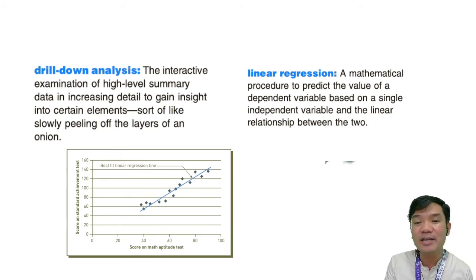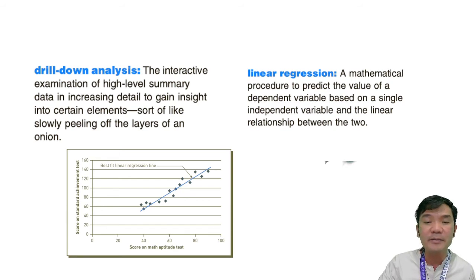So we define here linear regression as a mathematical procedure to predict the value of a dependent variable based on a single independent variable and the linear relationship between the two. So there are conditions on when a linear regression is acceptable or not. The diagram here is illustrating a sample of a set of data that will satisfy the analysis through linear regression.